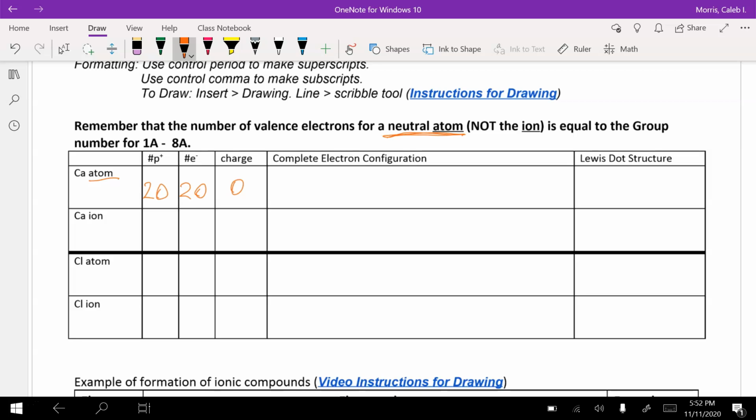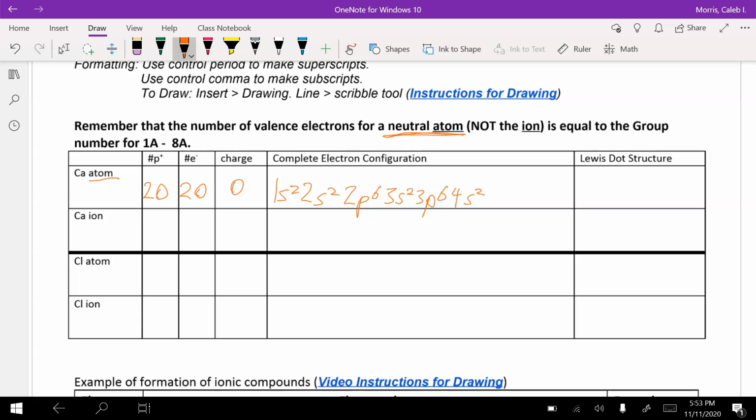So our electron configuration is just the way we've learned how to write them: 1s2, 2s2, 2p6, 3s2, 3p6, and then finally 4s2, because it's in the 4th row, s block, 2nd element. To find the Lewis structure, we need to know how many valence electrons there are.